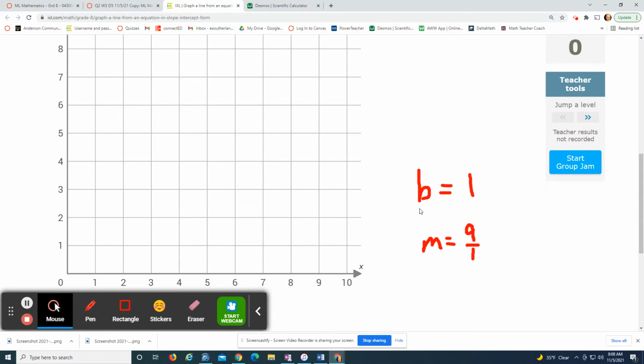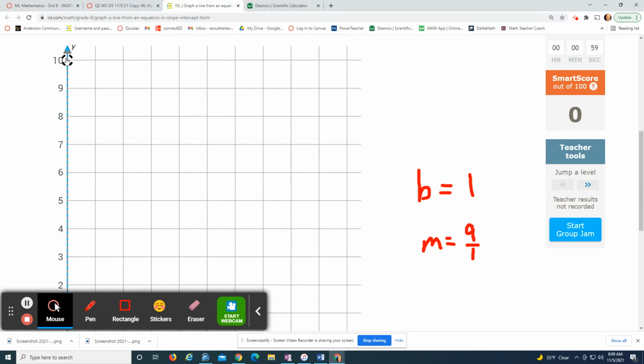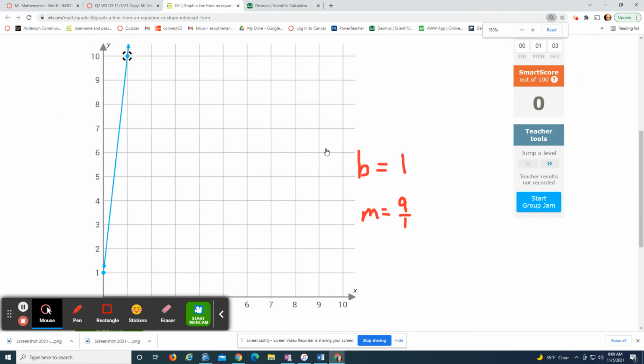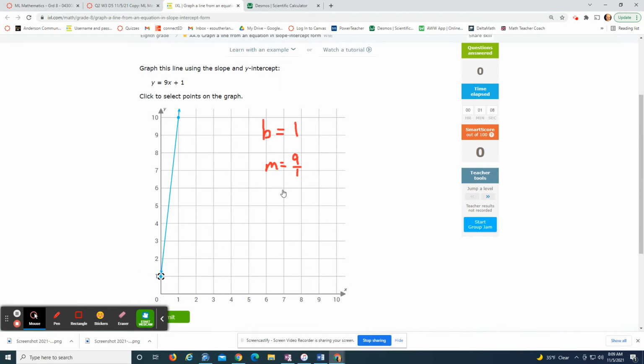So the y-intercept is 1. We can agree that the y-intercept has to be right there, yes? What does slope mean? Rise over run. So it means rise 9: 1, 2, 3, 4, 5, 6, 7, 8, 9, and then over 1. Does that make sense?